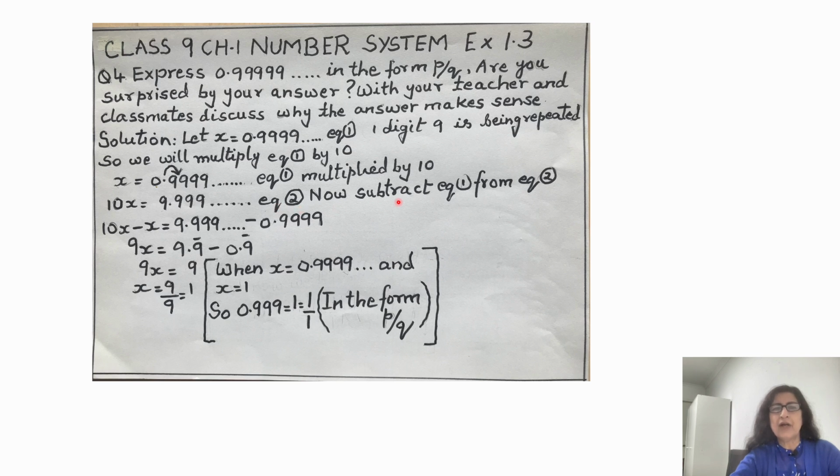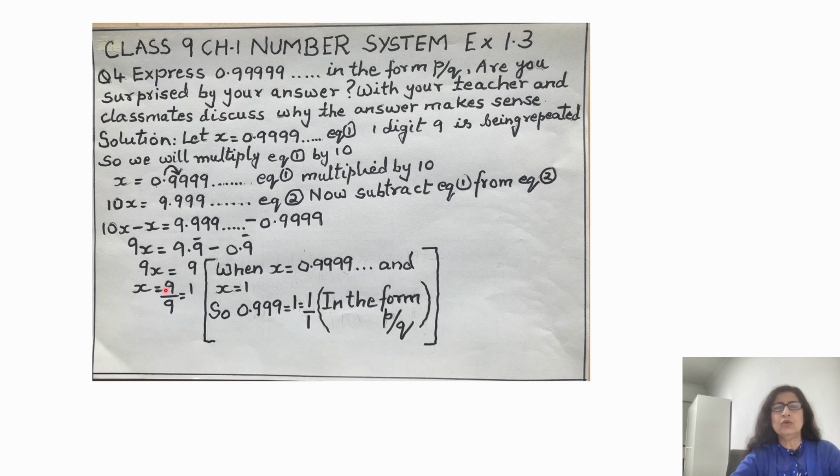Now subtract equation 1 from equation 2. 10x minus x is equal to 9.999... minus 0.9999.... So 9x is equal to 9.9 minus 0.9. 9x is equal to 9.